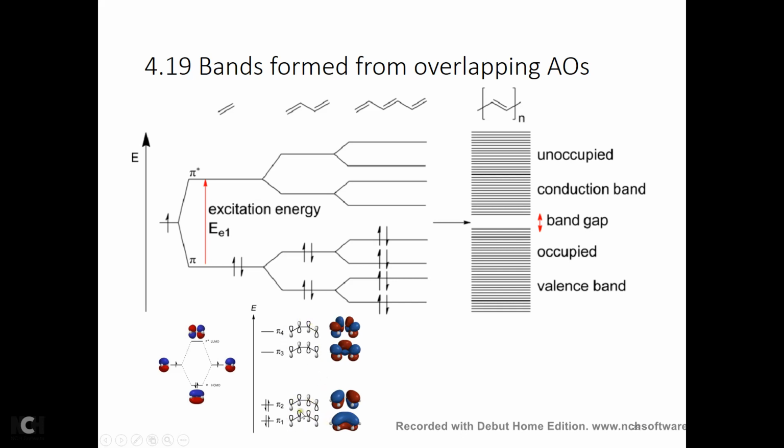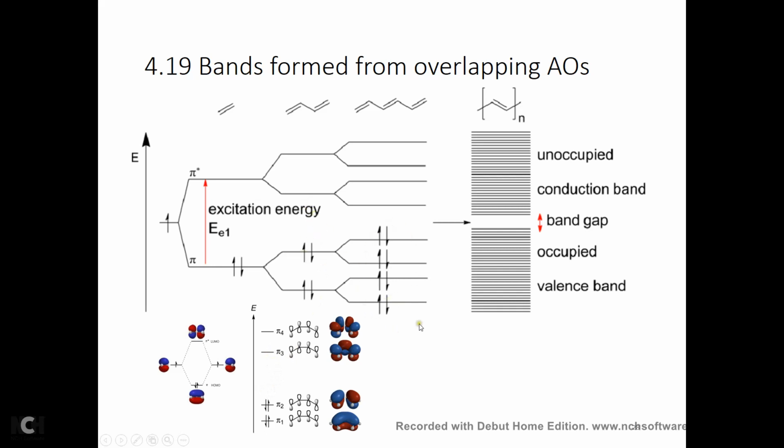Over here, 0 nodes. Over here, 1 node, 2 nodes, 3 nodes. The 4 valence electrons occupy the two lowest MOs. So this is the HOMO. This is the LUMO. We have a gap in between. This is called the HOMO-LUMO gap.